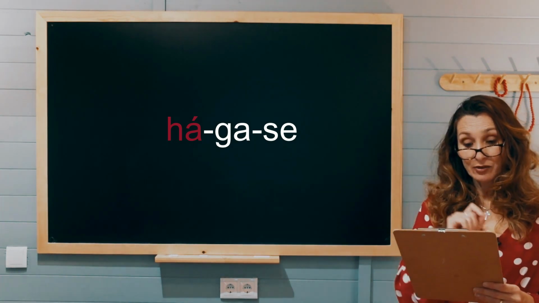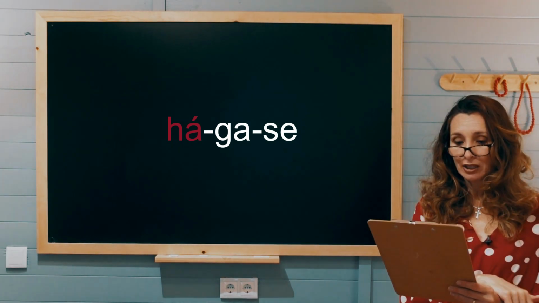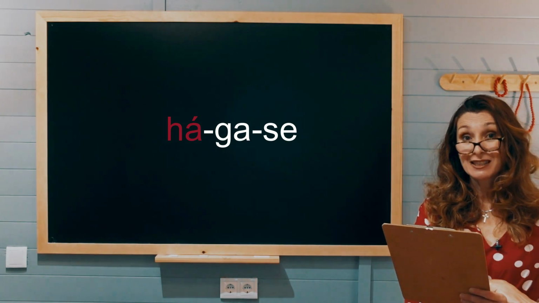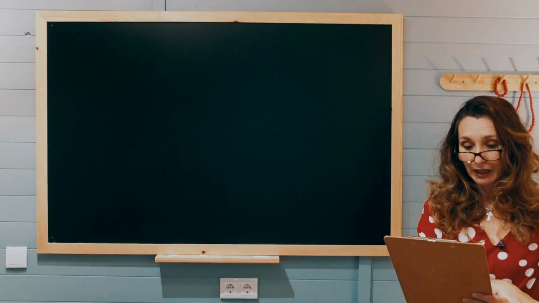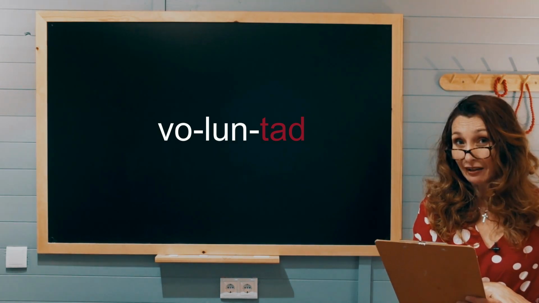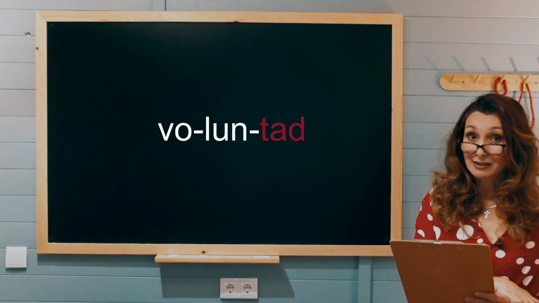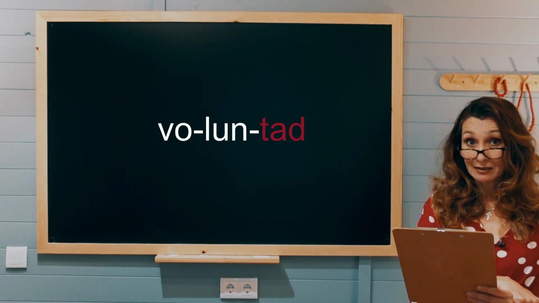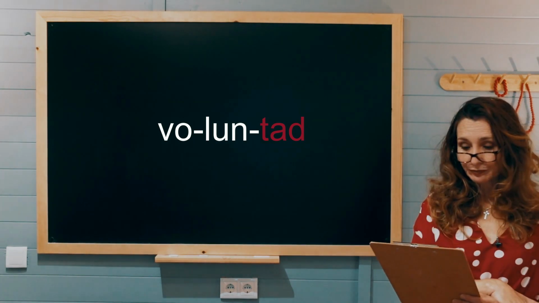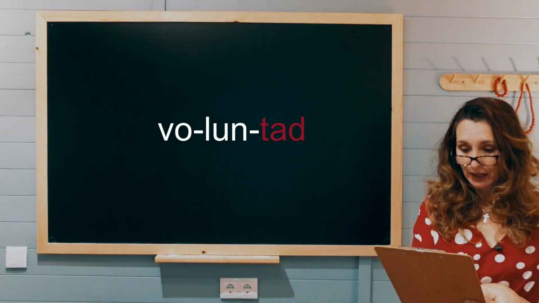So here comes our first or second tilde, on the first a. Voluntad. This one ends with a consonant and it's the last syllable that's accentuated. So no tilde here. Voluntad.